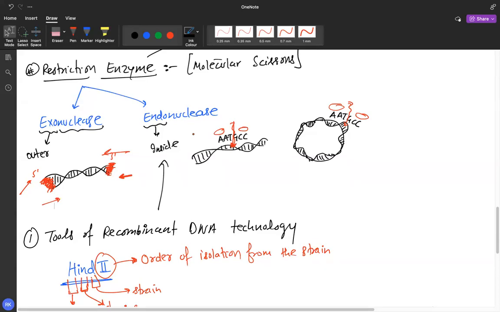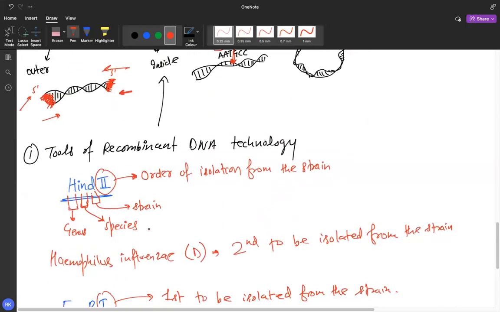Each endonuclease will cut the DNA at a very specific sequence that only that endonuclease will recognize, and no other endonuclease will recognize that. So no two endonucleases will cut at the same site. That is a very good package for us, as we can choose which endonuclease to cut our plasmid accordingly.